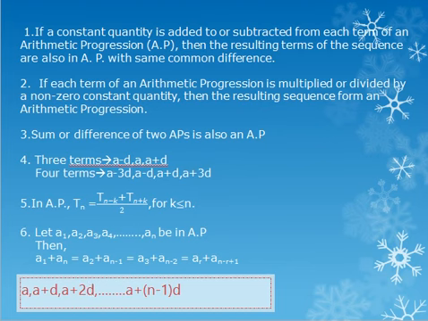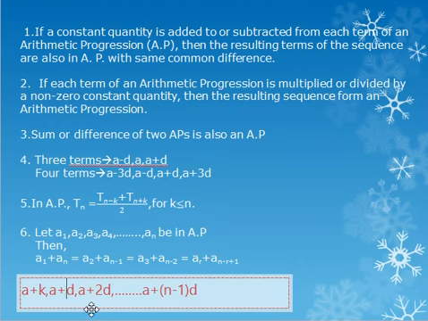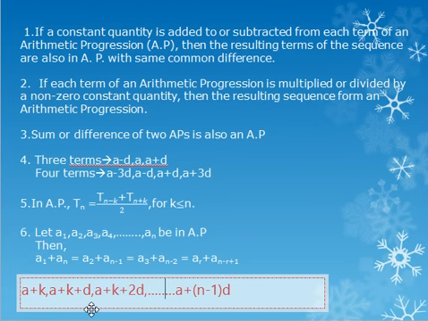This is our little series or sequence. In that, we're going to add a constant quantity, say k. So I'm going to add k to each term: k plus a, k plus a plus d, and so on. This is our new sequence.